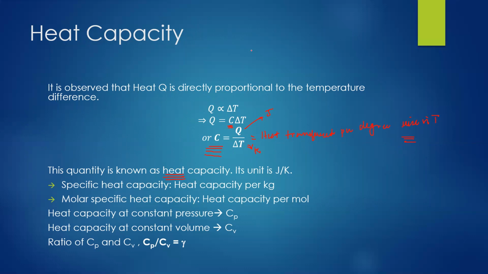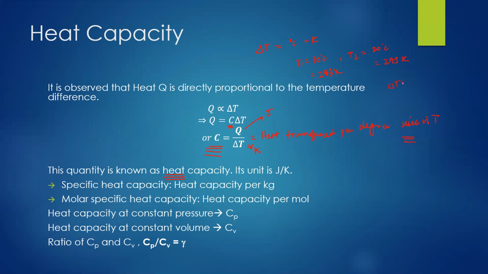You should also keep in mind that delta T can be in degrees Celsius or Kelvin. It's the same thing, because let's say T1 is equal to 10 degrees Celsius and T2 is equal to 20 degrees Celsius. That would give you 283 Kelvin and 293 Kelvin.